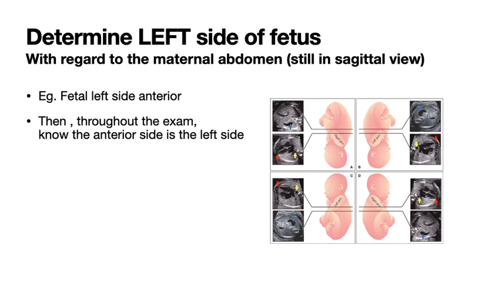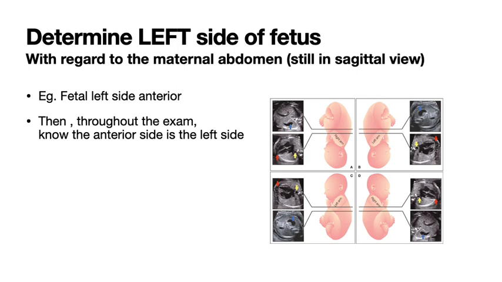For some reason, what they say is determine the left side of the fetus. It's probably just a good habit to get into doing things the same way every time. So you've picked the spine and then you move back and forth and figure out which one is actually the baby's left. And then you figure out where that left side is in regards to the mom.